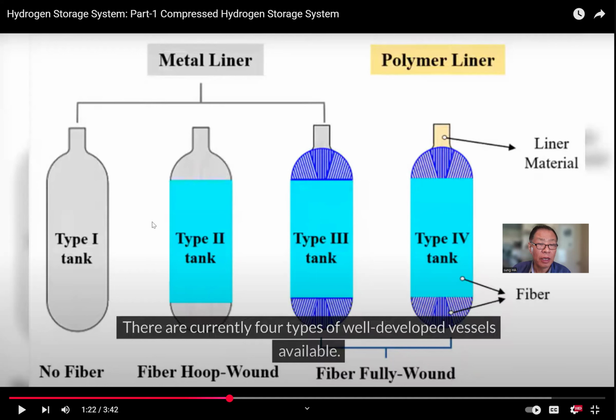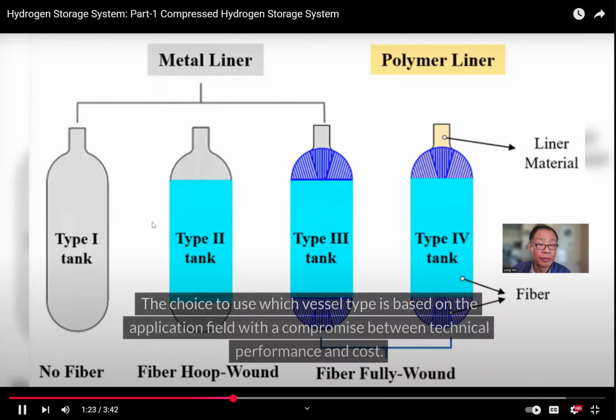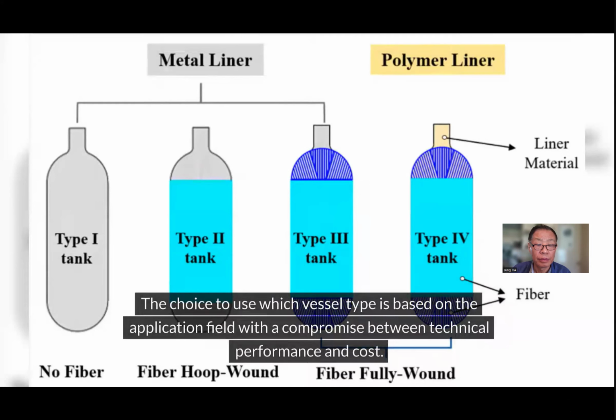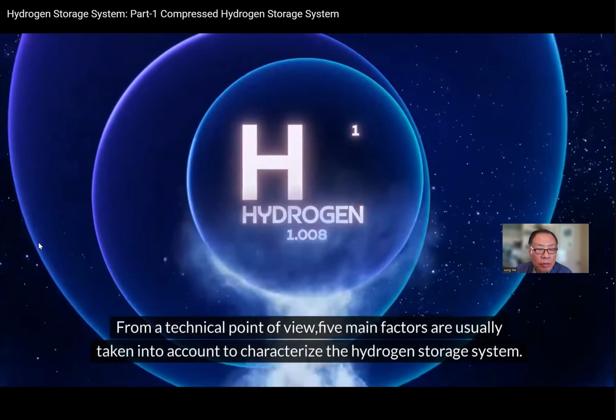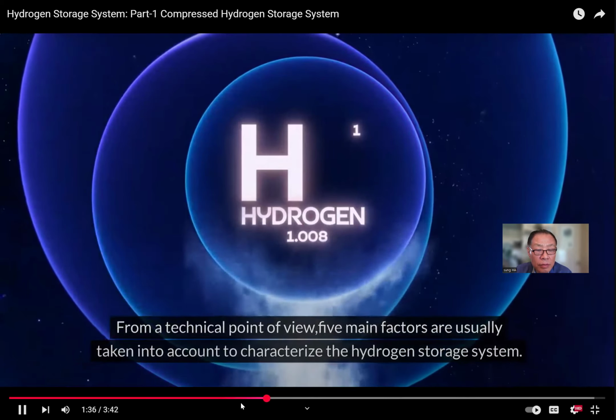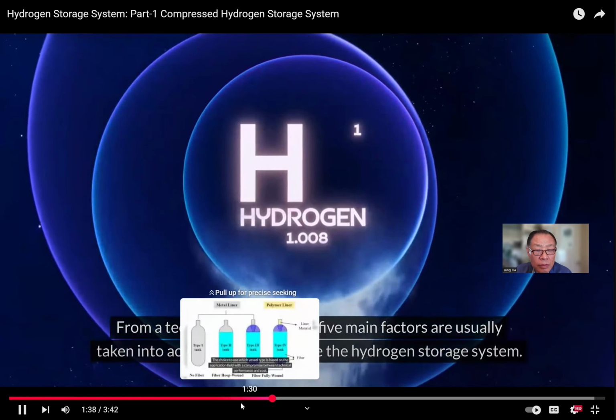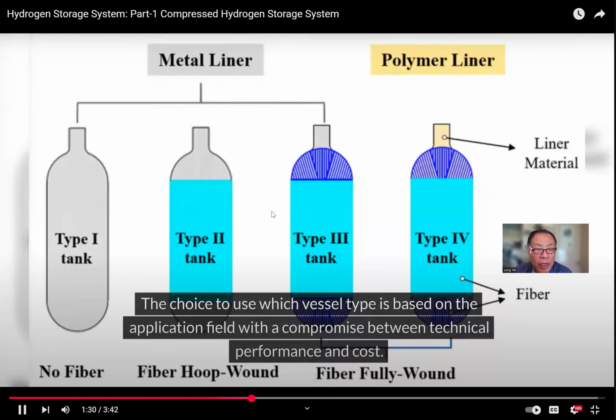Available. The choice of which vessel type to use is based on the application field, with a compromise between technical performance and cost. From a technical point of view, 5 main factors are usually taken into account to characterize the hydrogen storage system, including gravity and cost. Let me explain a little bit more here.